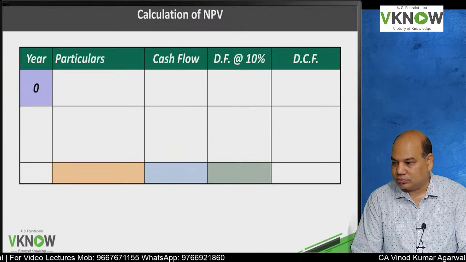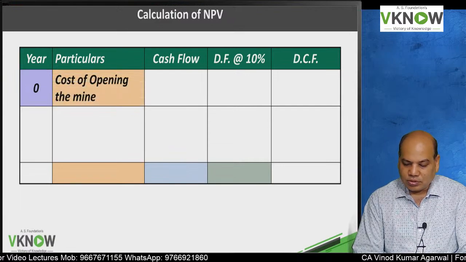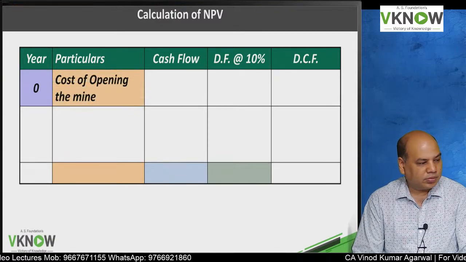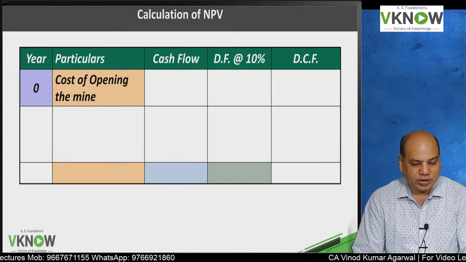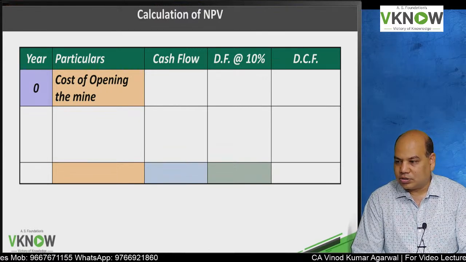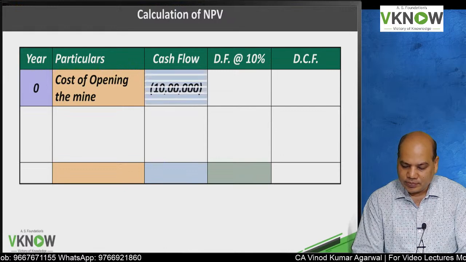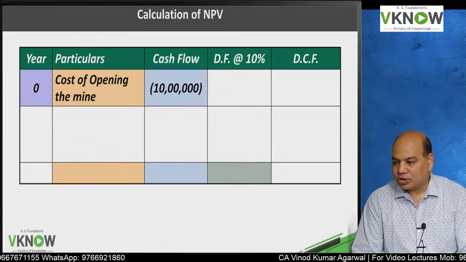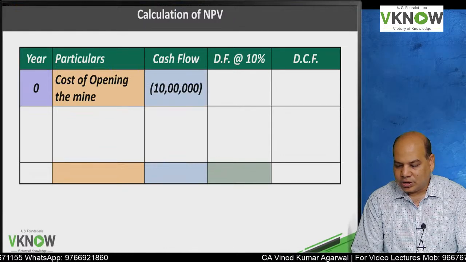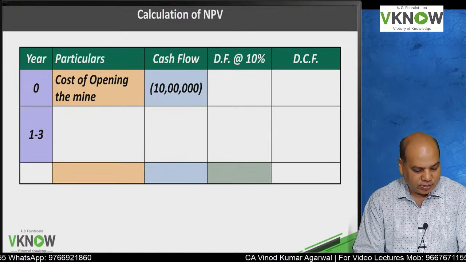Year 0, cost of opening the gold mine. How much is the cost of opening the gold mine? 10 lakh rupees, which is given.